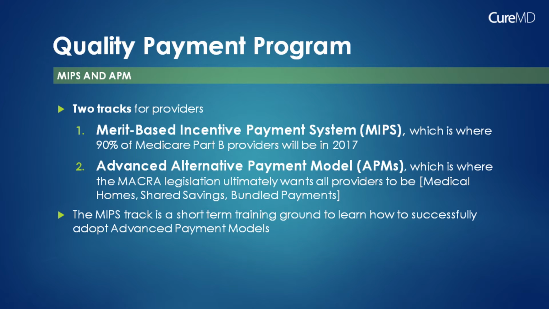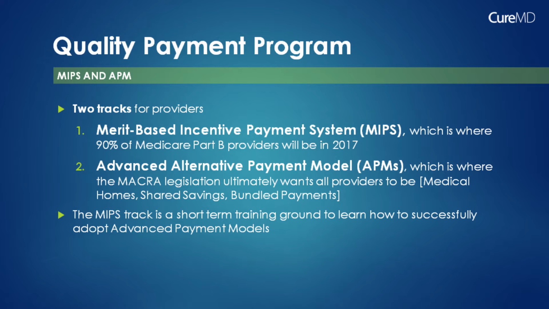So the MIPS track is envisioned as a short-term, and by short-term we're talking about 3 to 5 years, training ground to help practices learn how to successfully adopt advanced payment models. So one of the running themes in MACRA is that CMS is trying to align all of these different requirements and programs that they've been running and aim for a common goal. So aim for common reporting, aim for common quality measures.